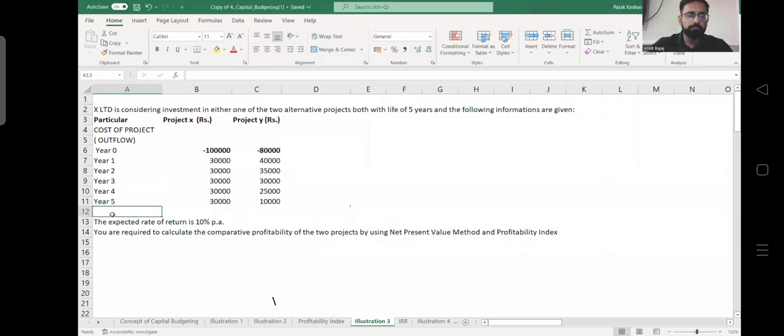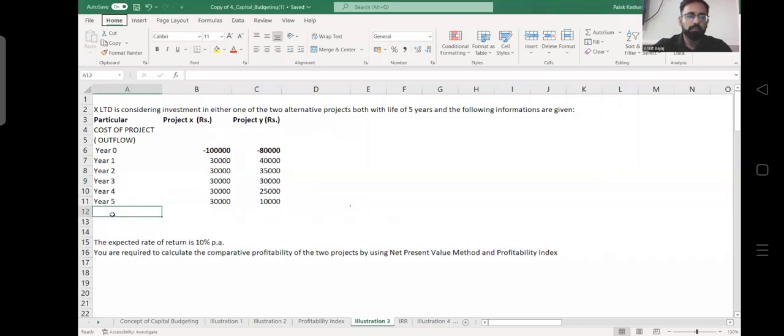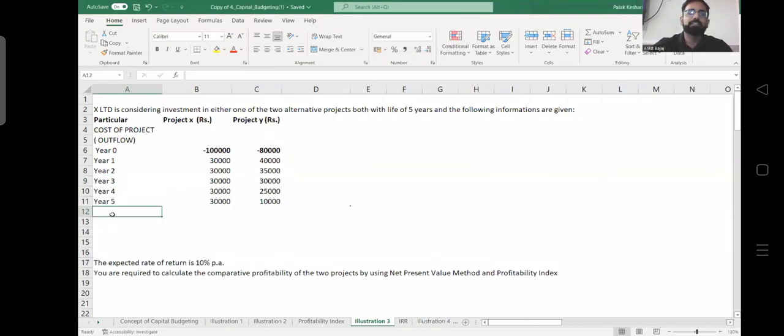Now see here. X Limited is considering investment in one of two alternate projects, both with a life of 5 years, and the following information is given, right? Project X, Y is given, year 0 outflow is given, then inflows are given. First, we have to calculate present value of cash inflows, and the rate is 10%.